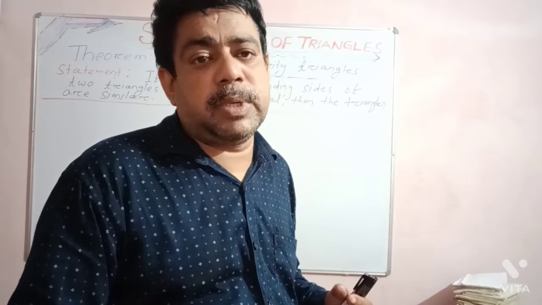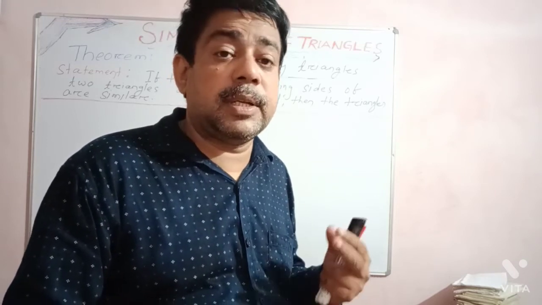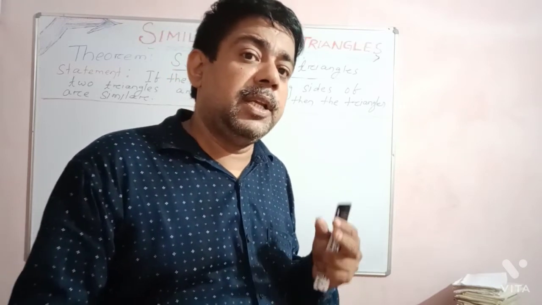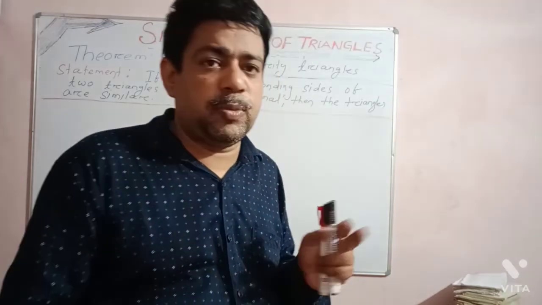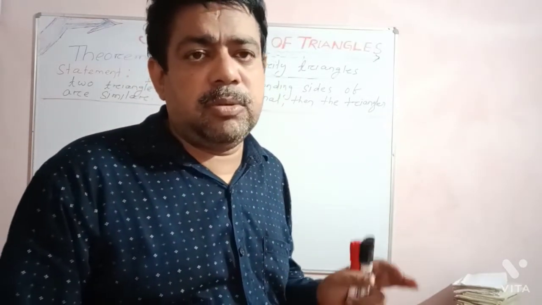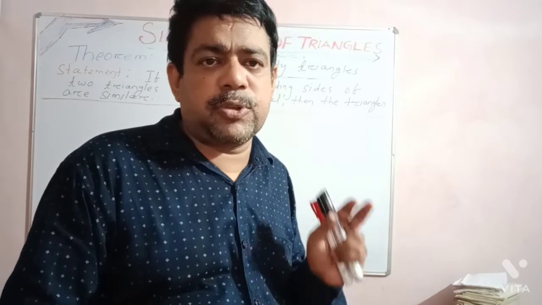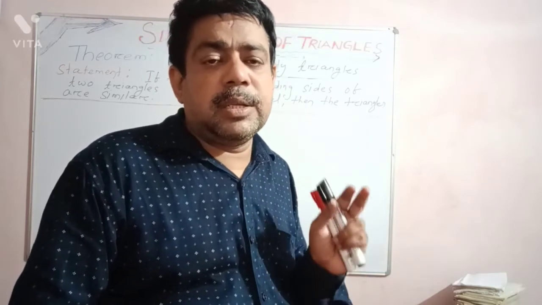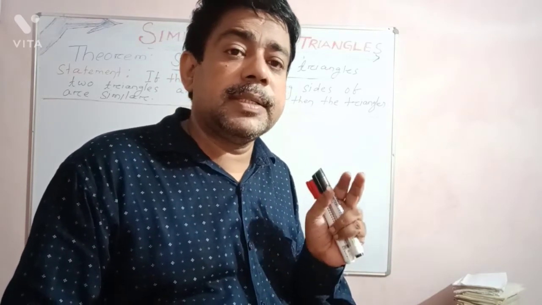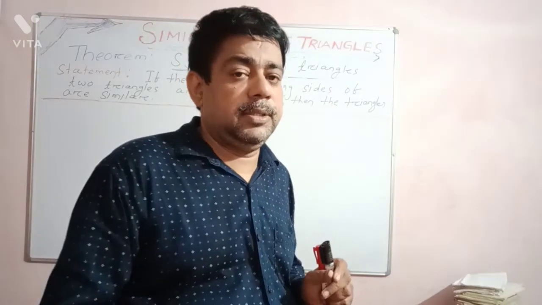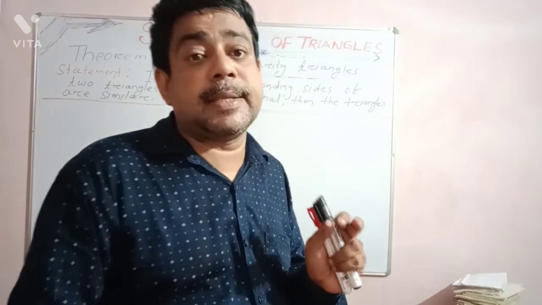The sides are proportional means the ratio of their corresponding sides are equal. It is given. Then we have to prove that the triangles are similar.